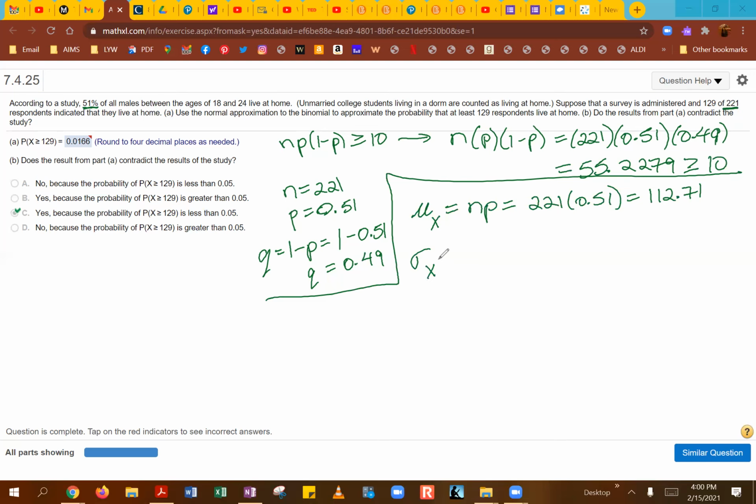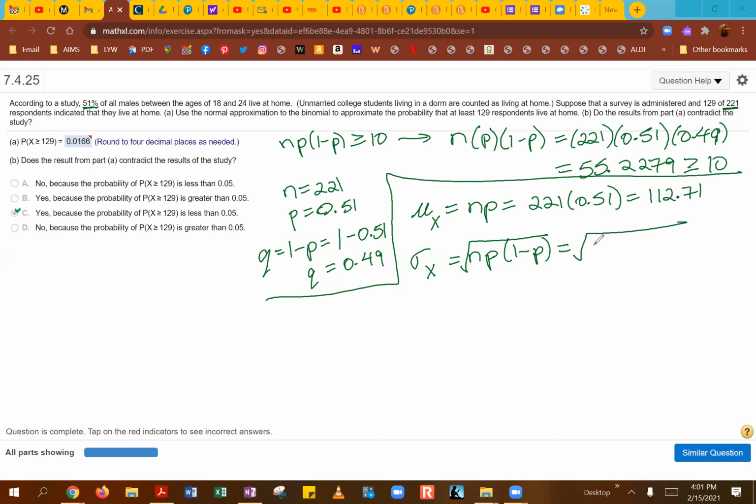And let's take a look at our standard deviation. So remember, standard deviation is sigma sub x, which will come out to be n times p, which is what we have from that mean up here, multiplied by 1 minus p, and then, of course, since this is a standard deviation, we end up taking a square root on this.